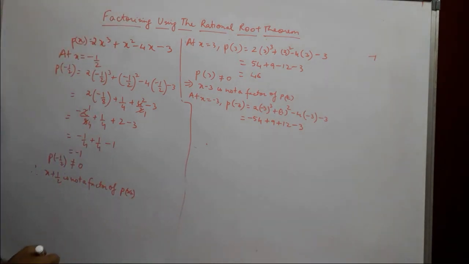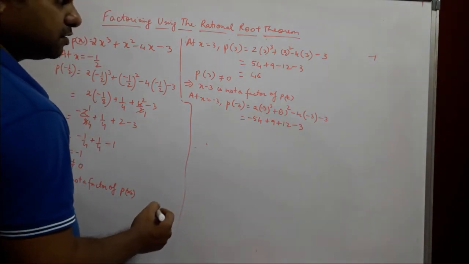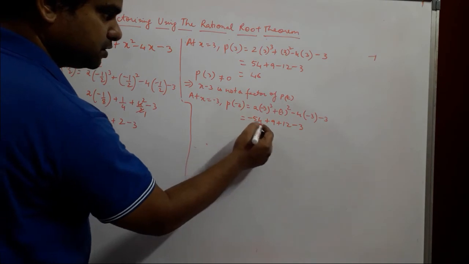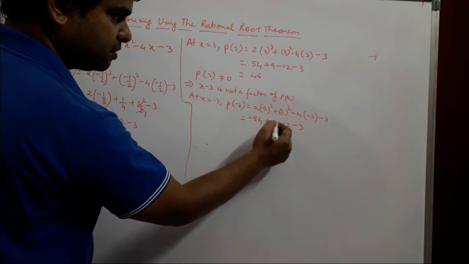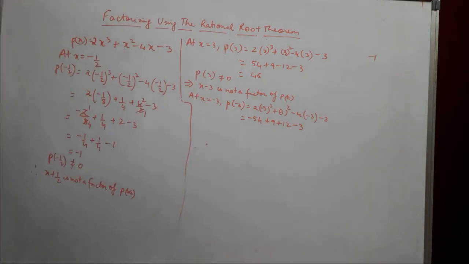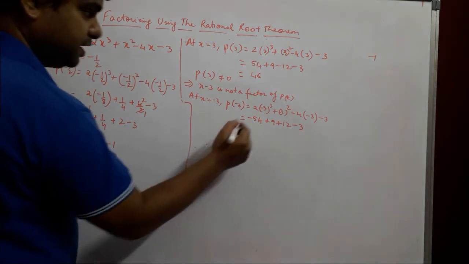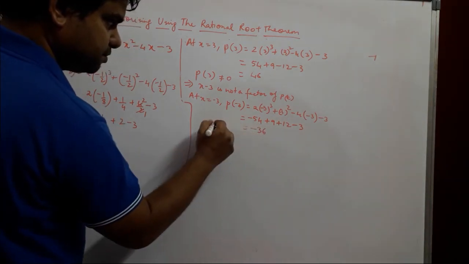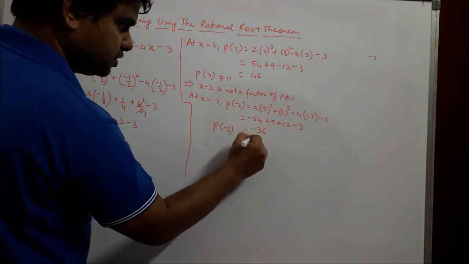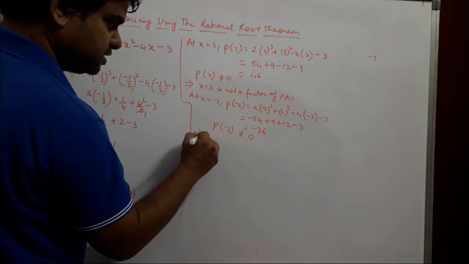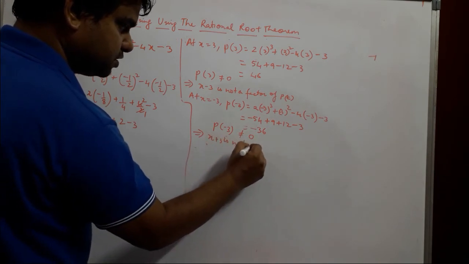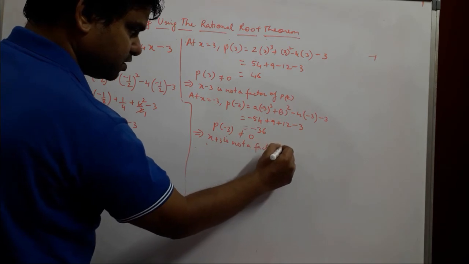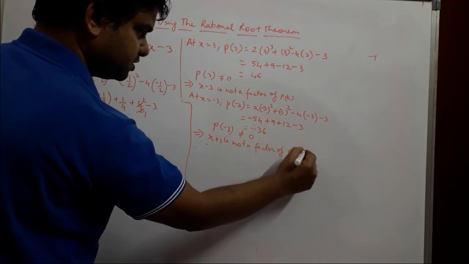Once again, this will also not give us 0. 12 minus 3 gives us 9. 9 plus 9 is 18, and minus 54 plus 18 will give us minus 36. So that means P of minus 3 is also not equal to 0. This implies that x plus 3 is not a factor of P of x.